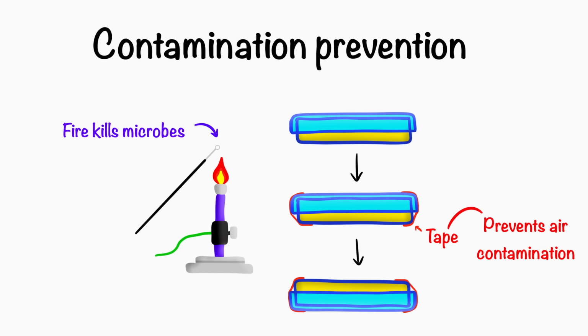Additionally, they will seal petri dishes with tape to prevent airborne microorganisms from entering. And finally, they will store these petri dishes upside down to prevent potentially contaminated condensation from dripping onto the bacteria. These precautions ensure that the only microorganisms growing in the culture are the ones being studied.